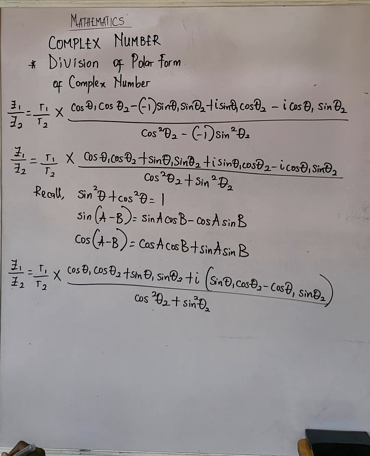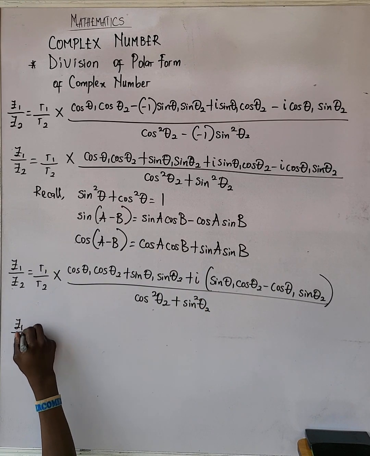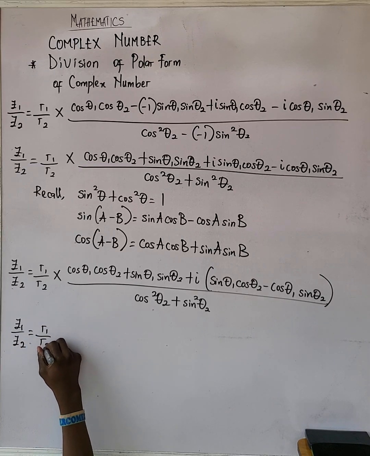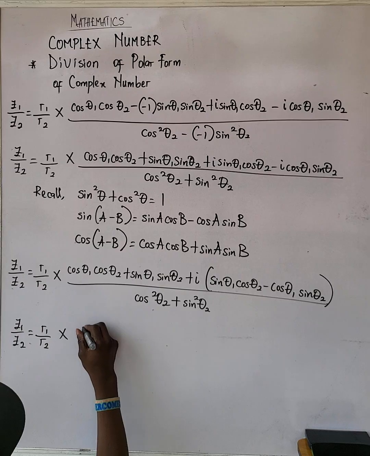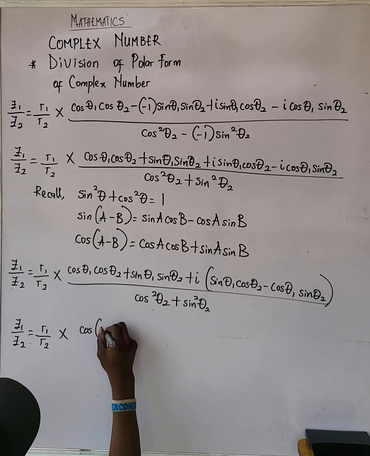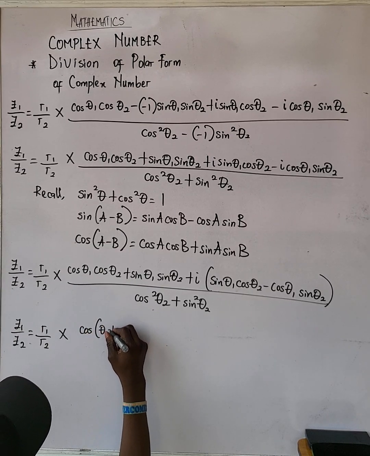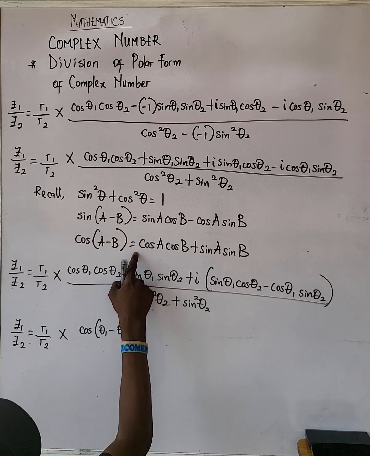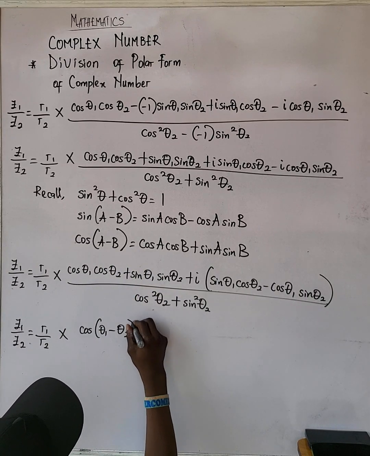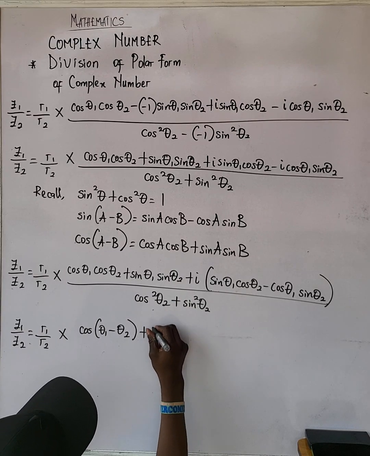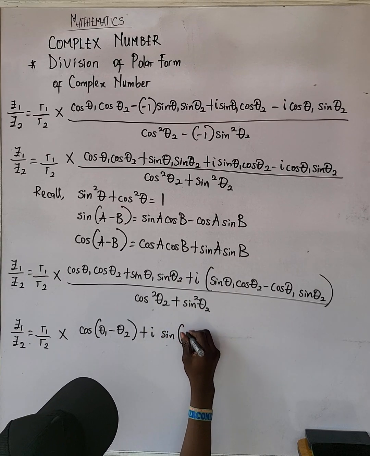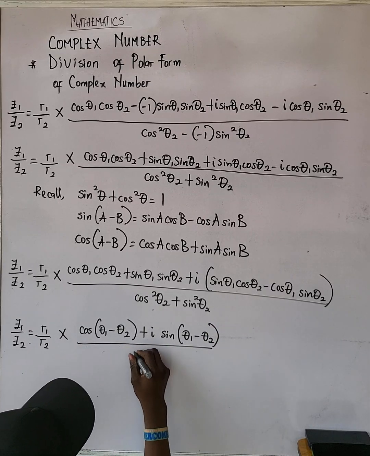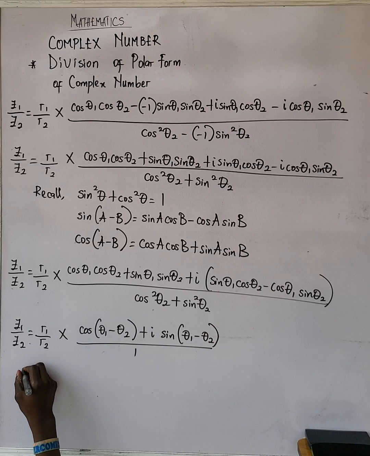So what are we going to have? That will be Z1 over Z2 equals R1 over R2 multiplied by cos theta 1 minus theta 2, this is for this. Then we have plus i sin theta 1 minus theta 2. So everything over 1, right? So what will be our final answer?